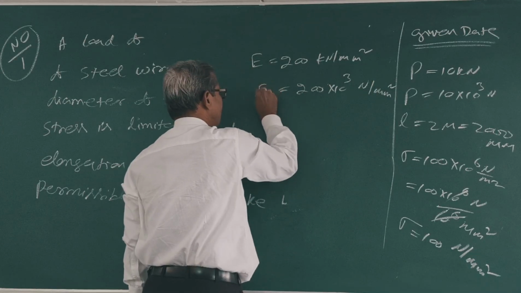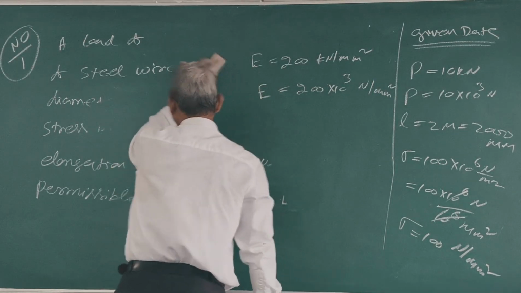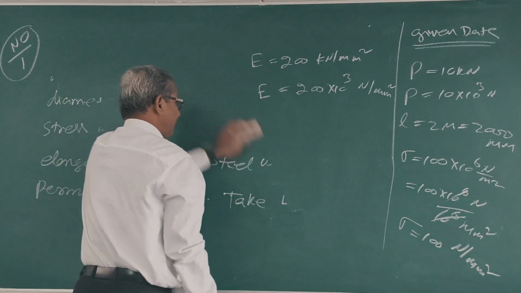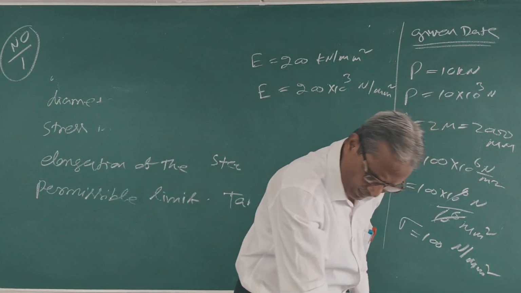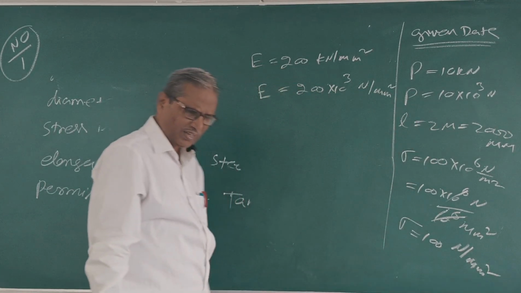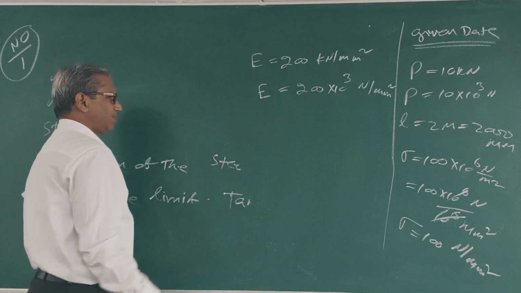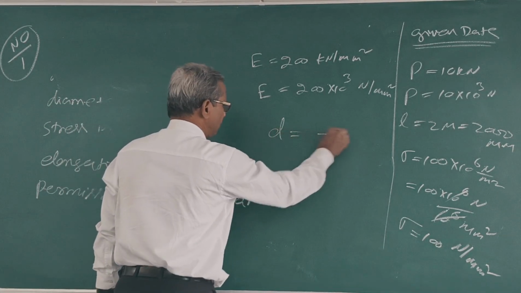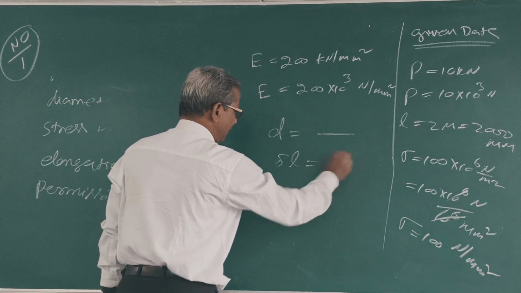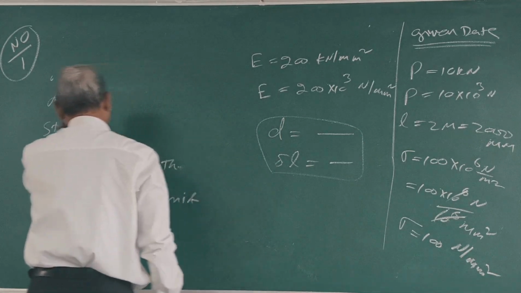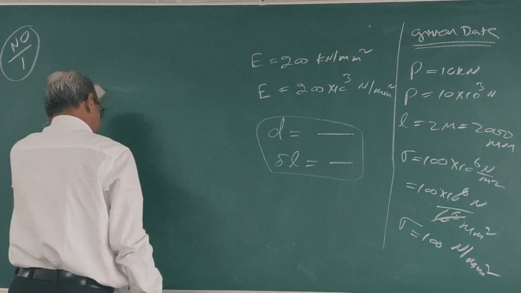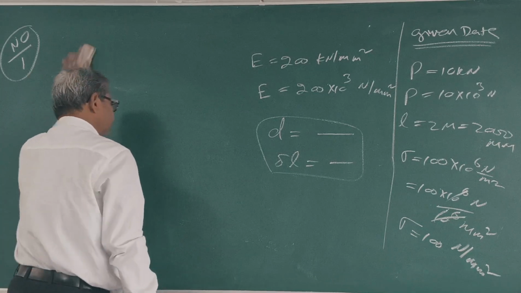Clear? The question is to find the diameter D and also find the change in length delta L. Both D and delta L will be found out. Clear?